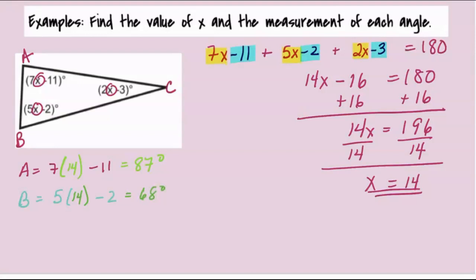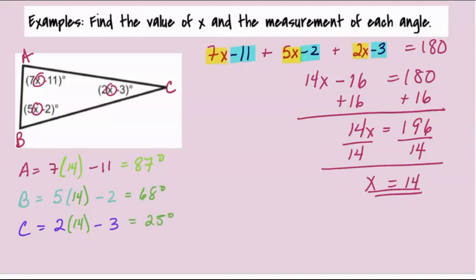And last but not least, I have angle C, which is equal to 2x minus 3, and substituting in 14 here, 2 times 14 minus 3 is going to be equal to 25 degrees.